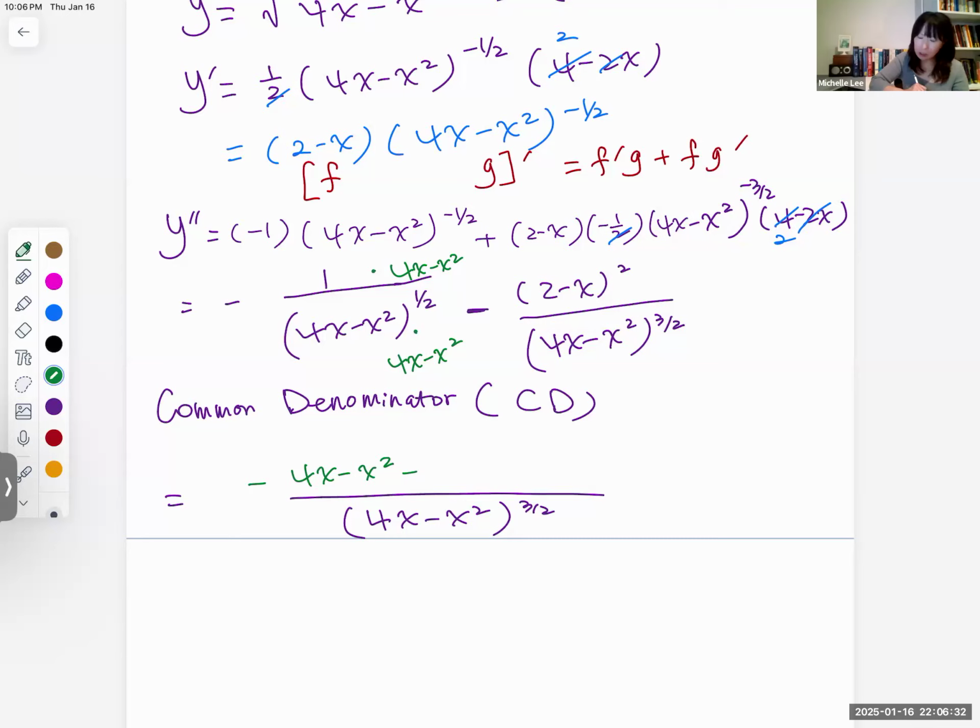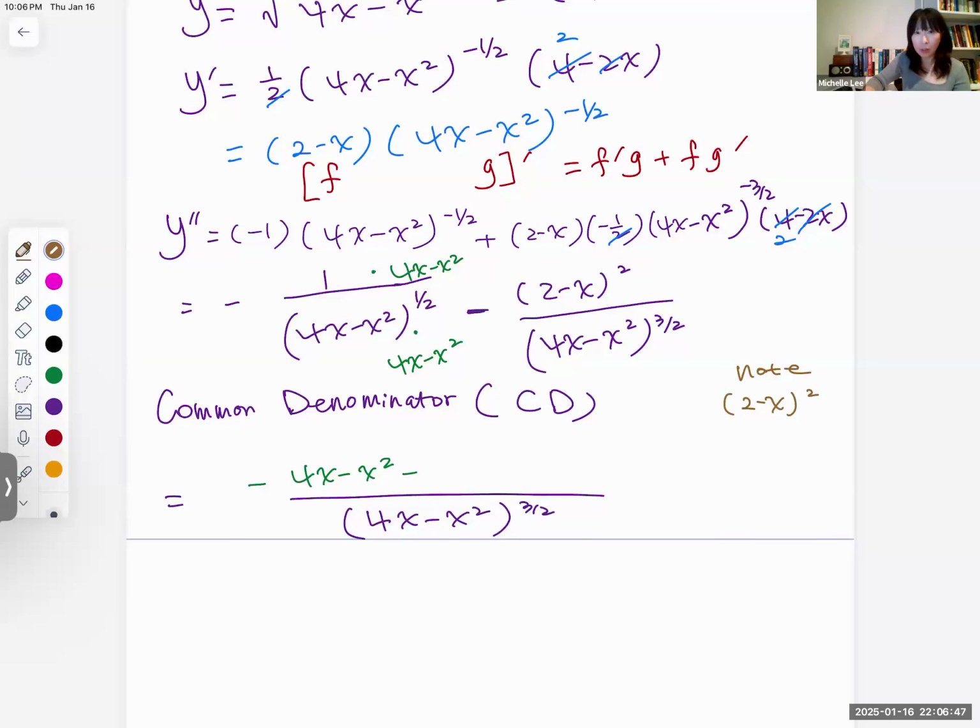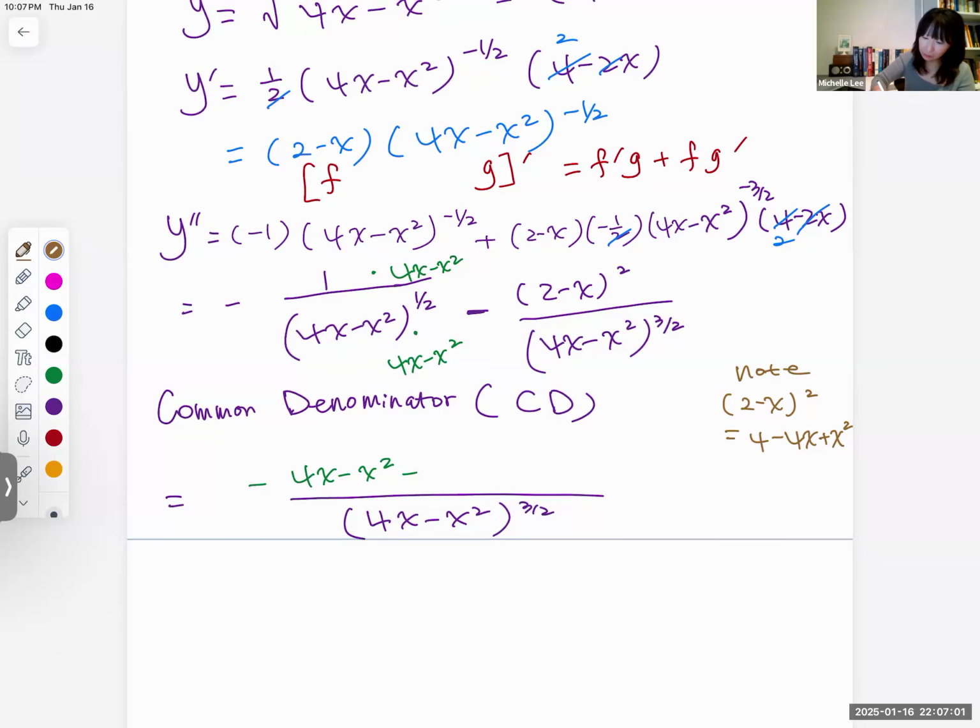Minus, oh, this is squared, right? So hold on. Note, 2 minus x to the quantity squared is 2 squared, 4, minus 2 times a times b, so 4x, plus x squared. But we have a negative, so 4 positive 4x negative x squared.